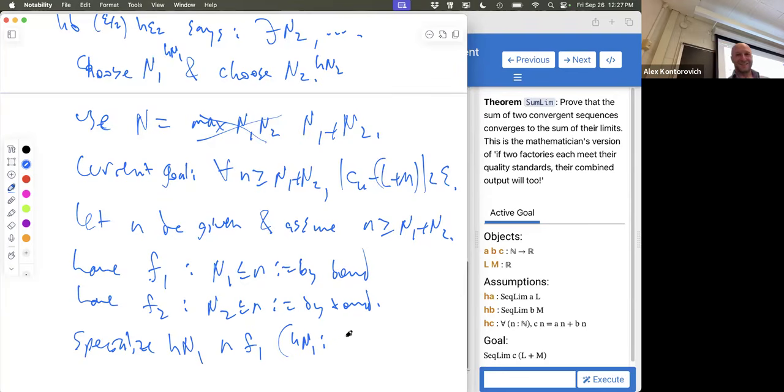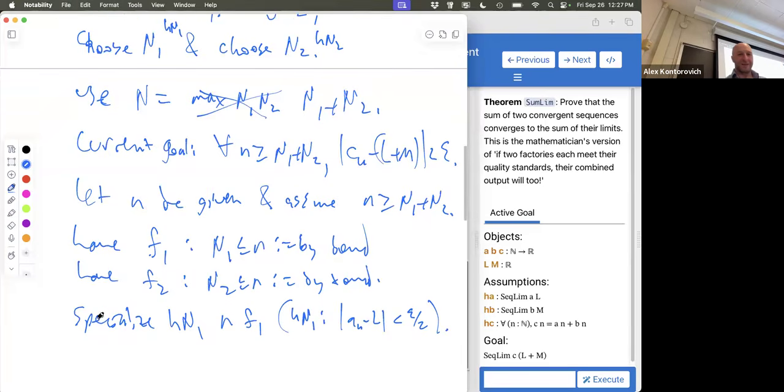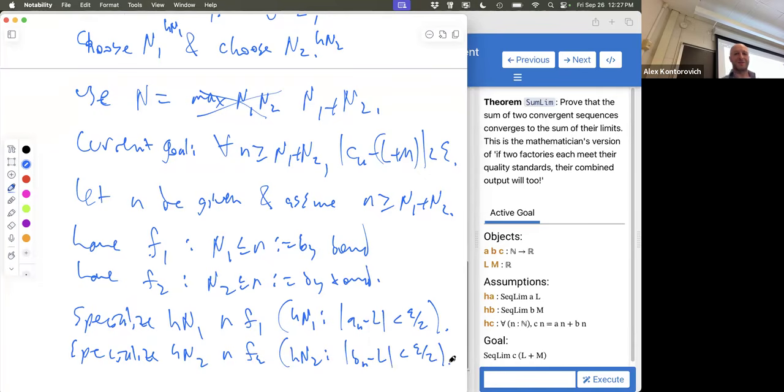John. Perfect. Okay, and now we specialize HN2 to the same n with F2. That gives us HN2, that Bn minus M is less than epsilon over 2.